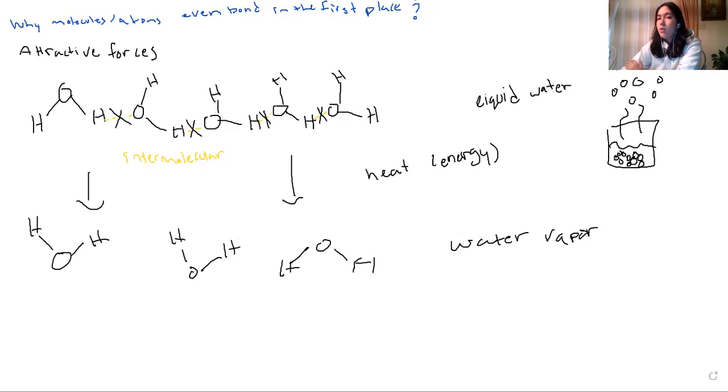Now these guys, no bonds. So actually boiling and causing vapor to arise is the process of breaking intermolecular bonds. So gases have no intermolecular bonds.